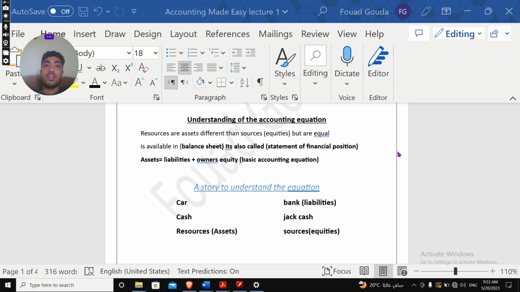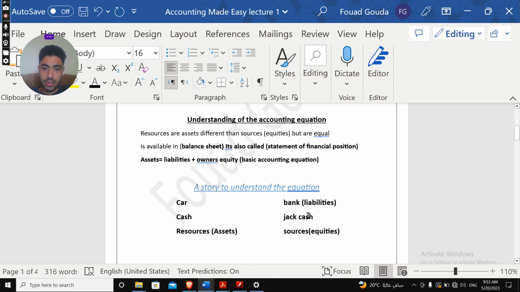So Jack needs a car to deliver those things. He went to the dealership and asked them about the car's price right now. As I said, let's say that Jack has 80,000 pounds right now. Let's write it in order to simplify it.